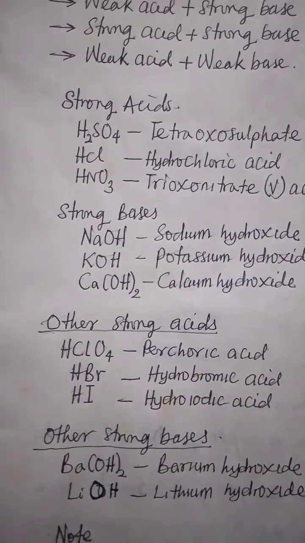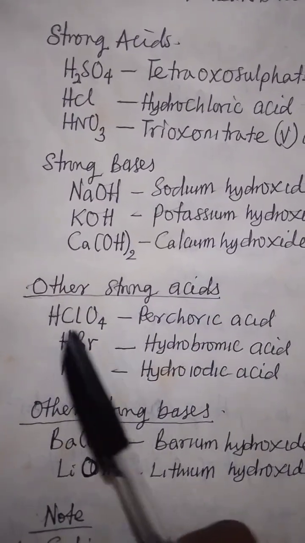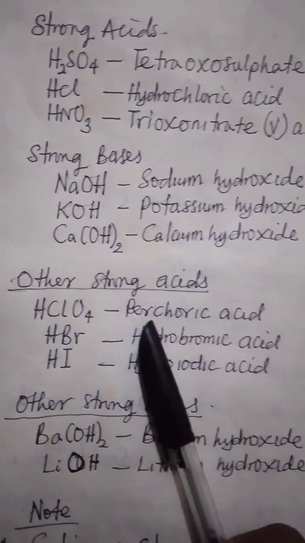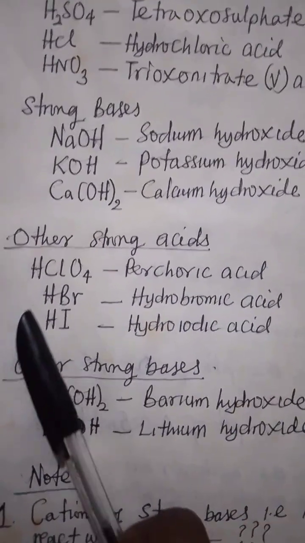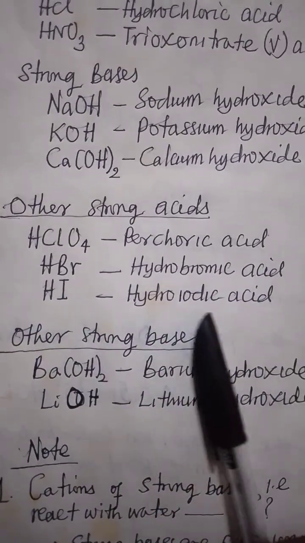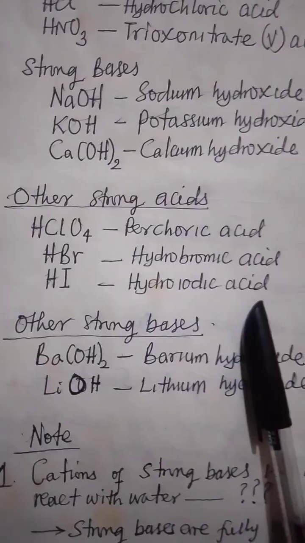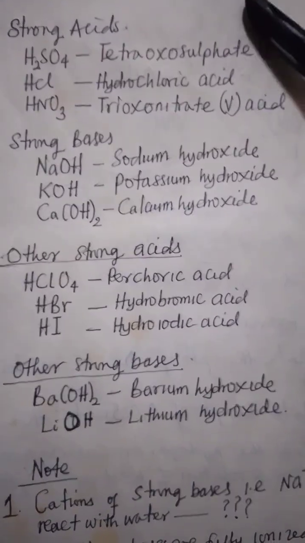Now, other strong acids are HClO4, this is perchloric acid, HBr, hydrobromic acid, HI, hydroiodic acid. These ones are not common. The common ones are the ones we looked at here.